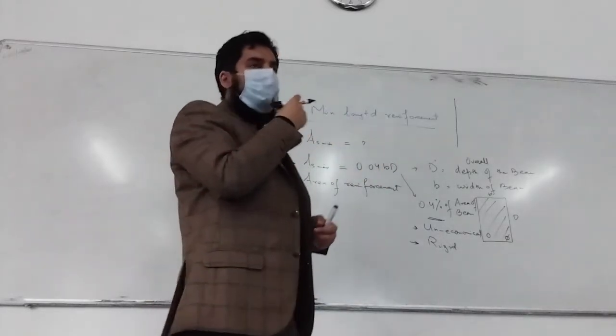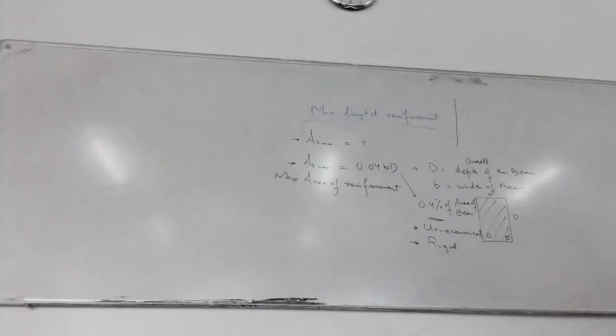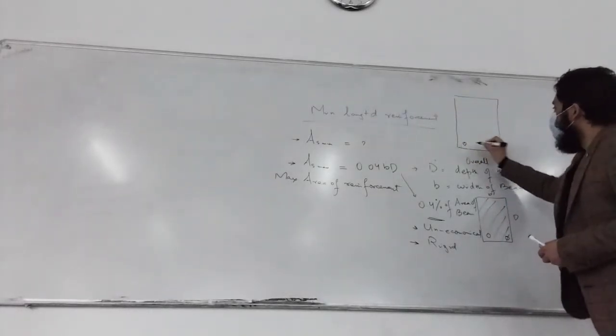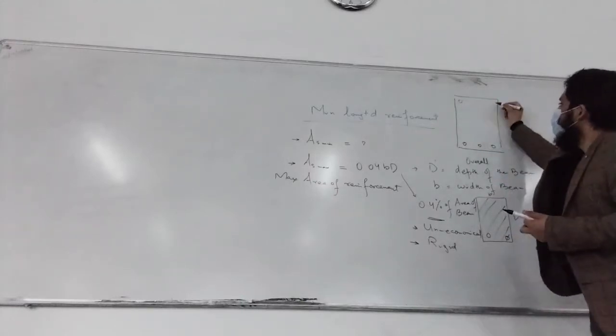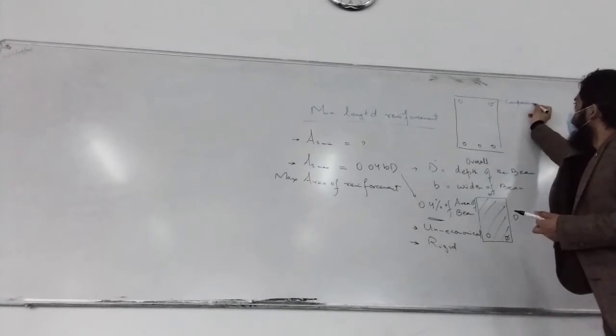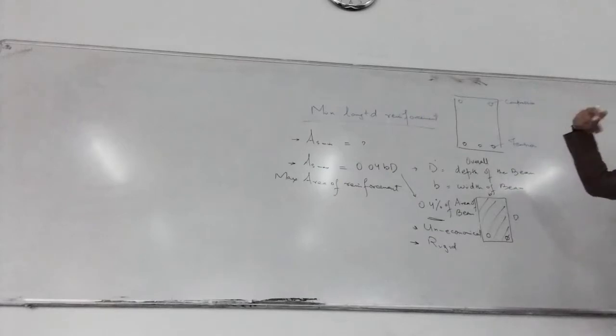The next is, how do you provide the reinforcement? We have already discussed that we provide reinforcement as tension, and then we provide it as compression. This is compression reinforcement, this is tension. Then I discussed that we provide stirrups as well.